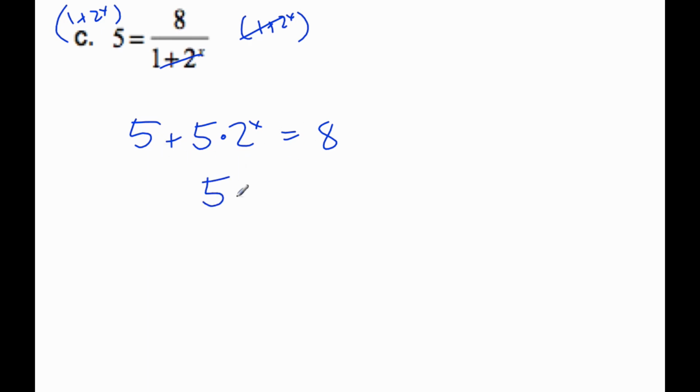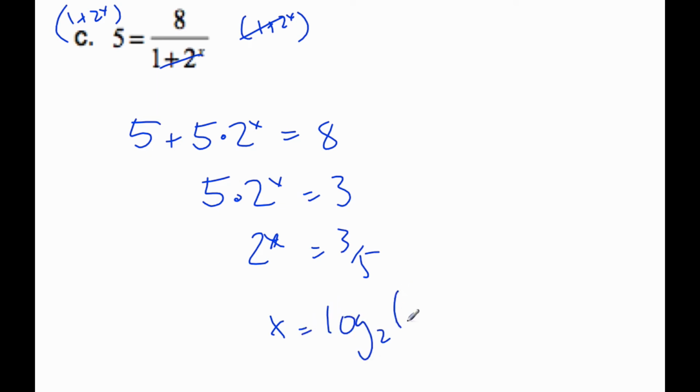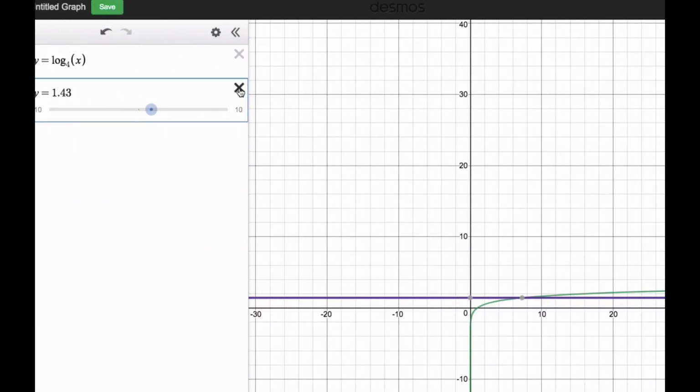Subtracting the 5, I get 3. Dividing by 5, I get 3/5. So now if I rewrite this or apply logarithm on both sides, I get x is equal to log base 2 of 3/5. And I'm going to do this one on Desmos just for fun.